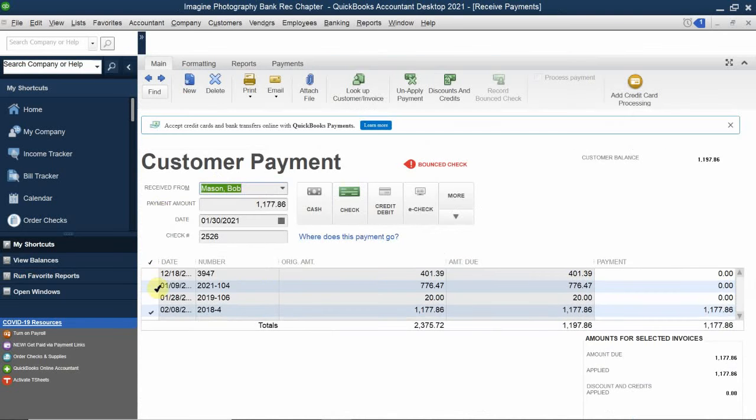You'll notice it says it's recorded as bounced. That's a huge indicator: the check has bounced, so they still owe you this money. It's tallied up here: the 401, the 776, and the $20 you charged them for the inconvenience of the bank charging you that money.